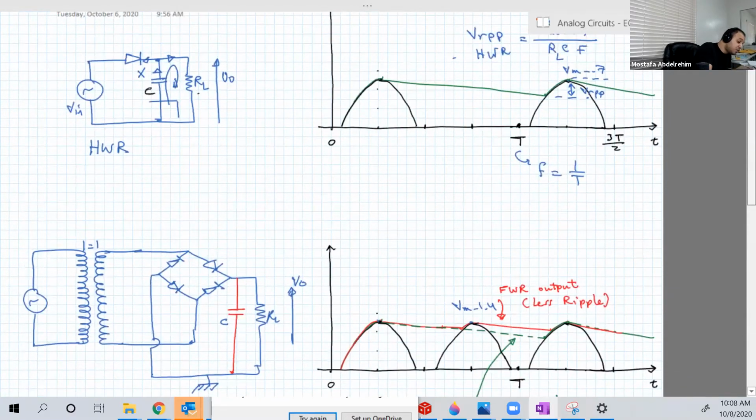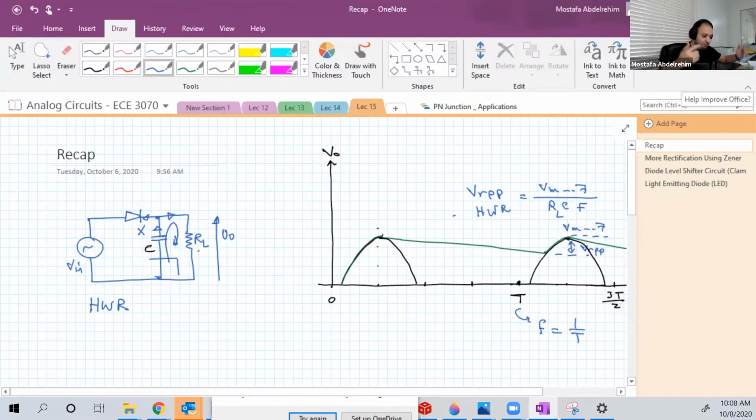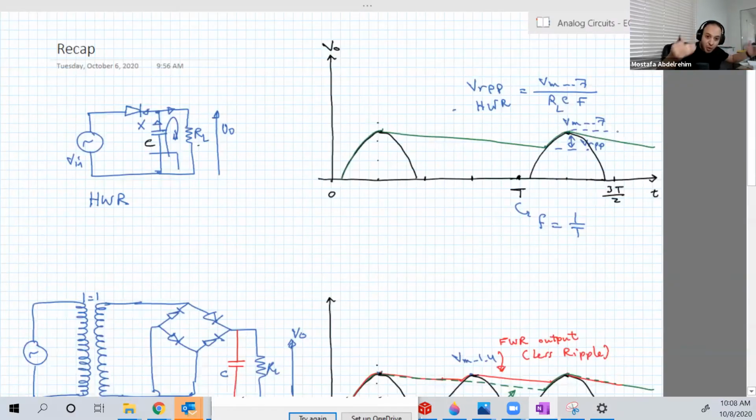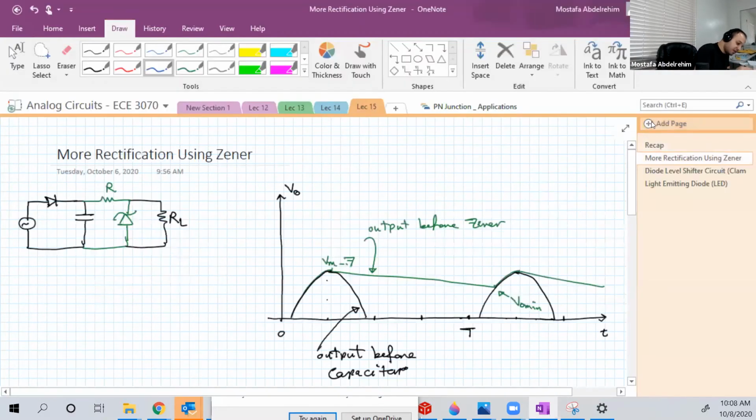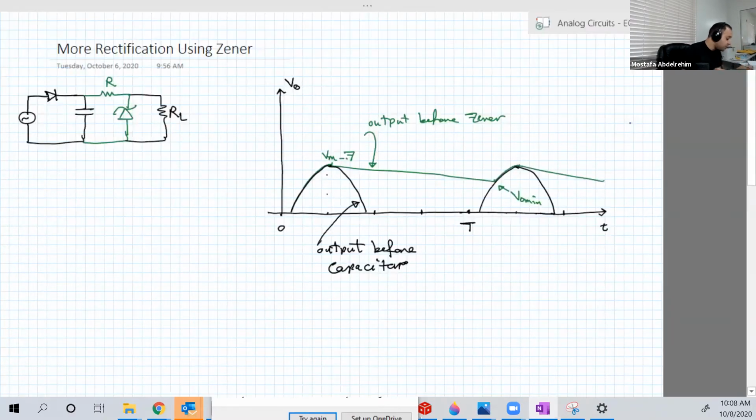Good. So let's continue and modify our rectifier circuits more. If we want to make this ripple disappear, there is still an extended solution, we can say. So if we go to the first slide here, which is adding a Zener.